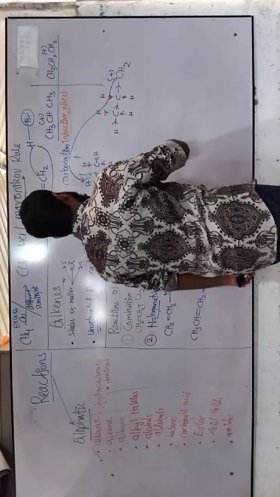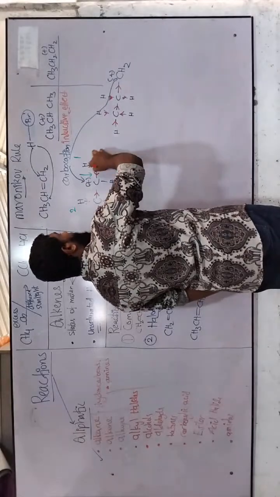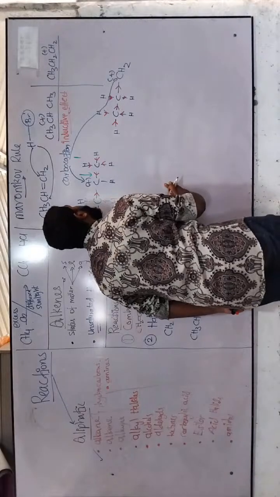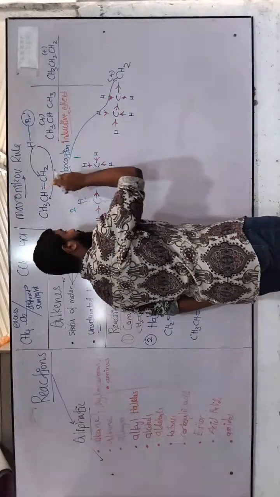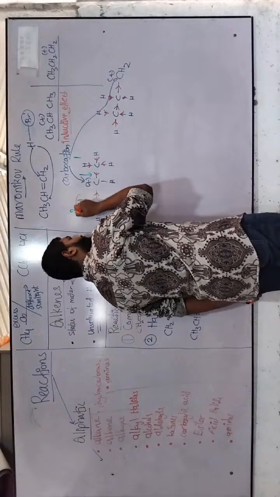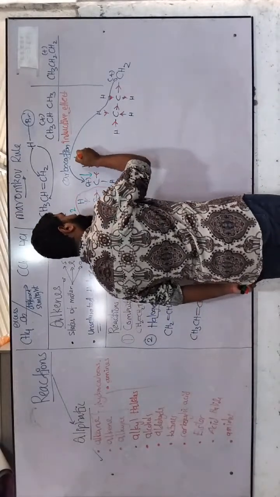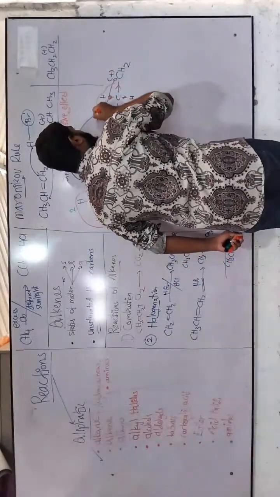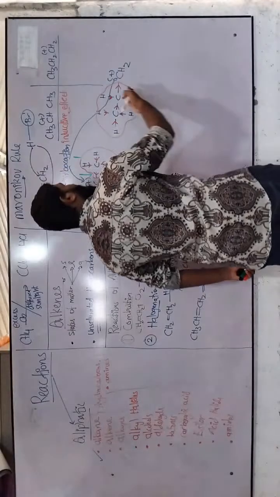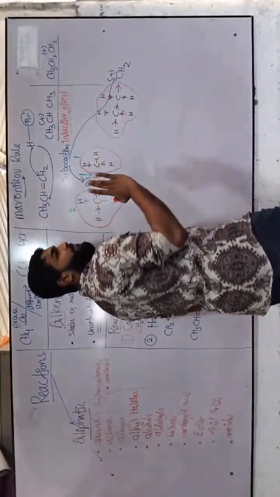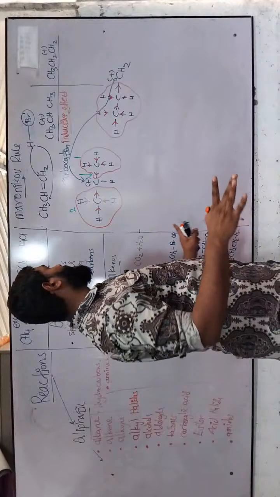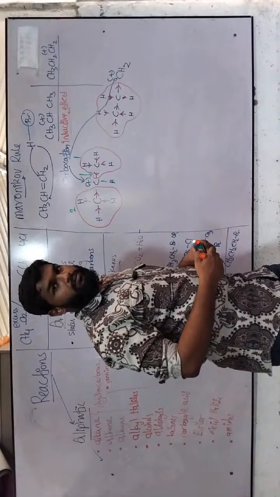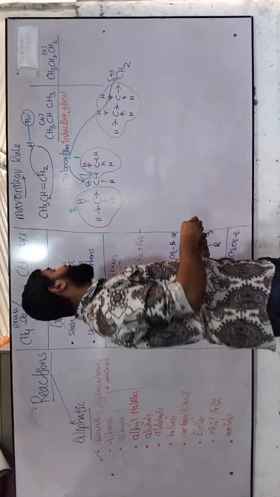In short, if the number of alkyl groups surrounding this carbon increases, then the inductive effect will increase. Understood? This is an alkyl group, this is also an alkyl group, and this is also an alkyl group. See the number of alkyl groups attached to this carbon.